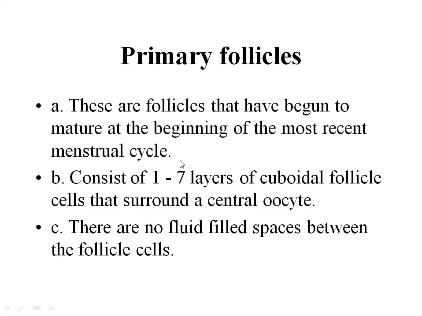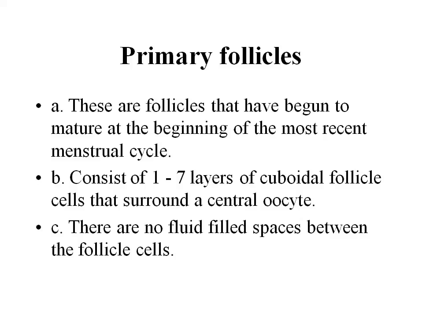This maturation, from primordial to primary, then secondary, tertiary, vesicular follicle, corpus luteum, all these events happening in the ovary are very much synchronized with the stages of the menstrual cycle. So as the menstrual cycle advances, there is maturation of follicles.